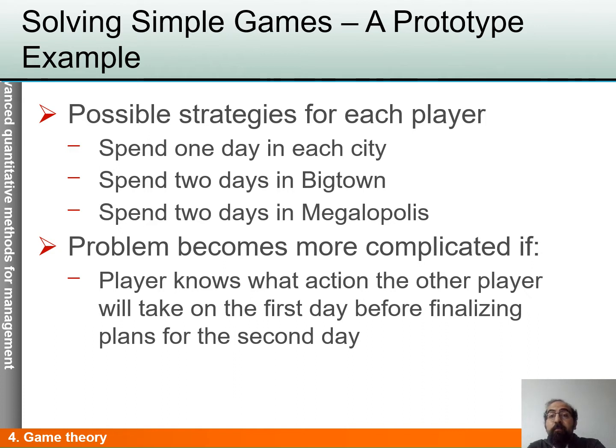So M multiplied by N is equal to 3 multiplied by 3. While in the other example of odds and evens, the size was 2 multiplied by 2. 2 strategies and 2 strategies. It was 2 multiplied by 2.